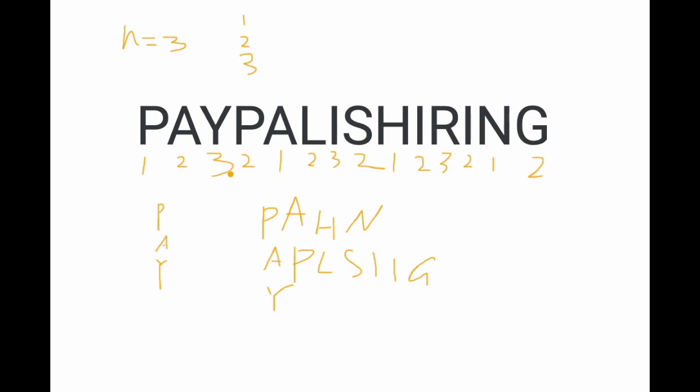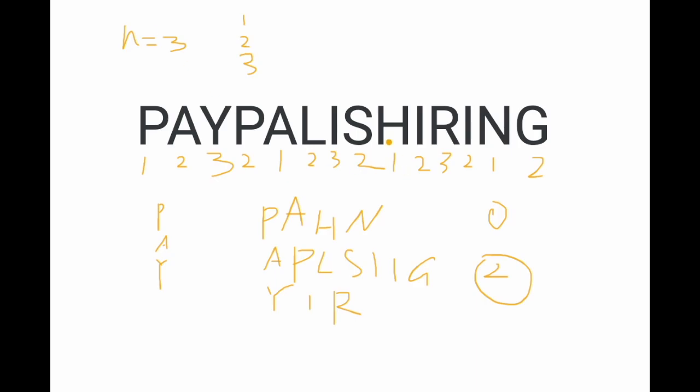Then Y, I, R, that's the 3s. So with this idea you can see that it's quite straightforward, right? We just loop through the string once, mark each letter's index with the corresponding row number. Then at the end, we reconstruct the whole string in order. So this is a 2-step approach, okay?